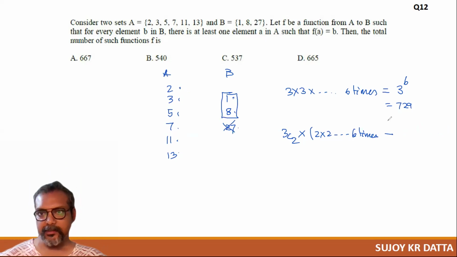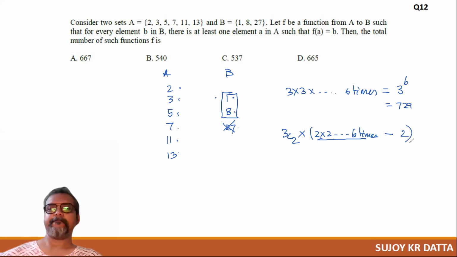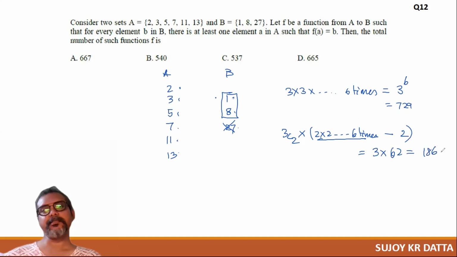So we see 2 to the power 6 here. Out of these, there will be one case where all of them go to 1, and one more case where all of them go to 8. So there are two such cases. We'll remove that. So this gives us 3 times 2 to the power 6, which is 64 minus 2, 62. So 186 cases where exactly 2 are used, we'll remove them.